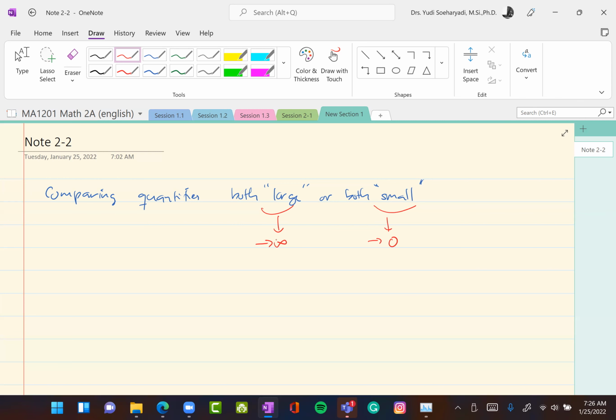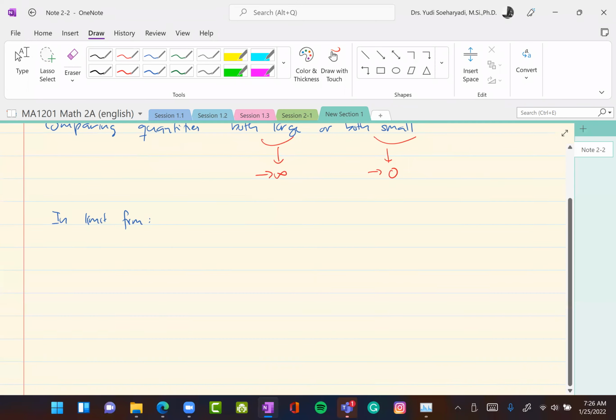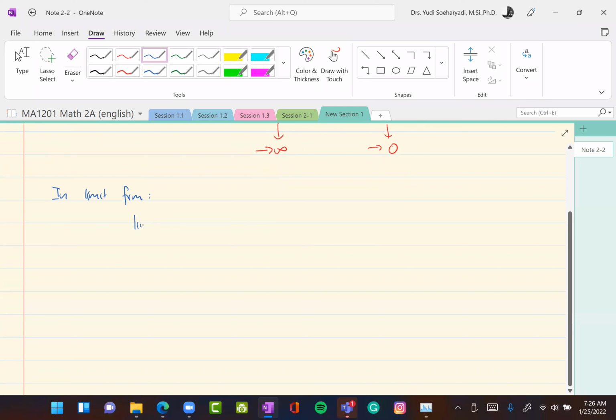Okay, so the idea is this one here, like this one. So this limit, or this limit.